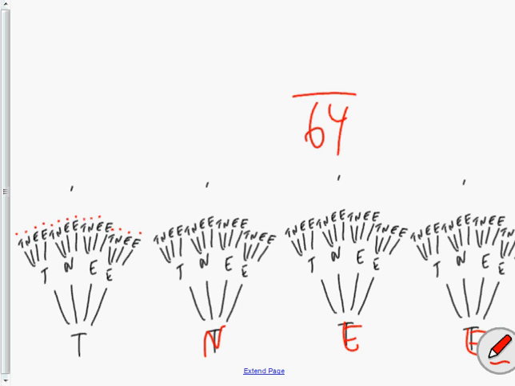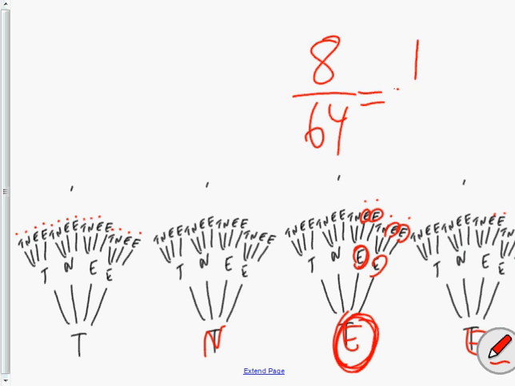So the E-E-E, there is 1 there. There is 1 here. There's 1 here, and there's 1 here. That's 1, 2, 3, 4 of them here, and there's 4 of them here, if I could extend that over there. So that is 8 parts out of 64, which in lowest terms is 1 part out of 8, which is a percentage.